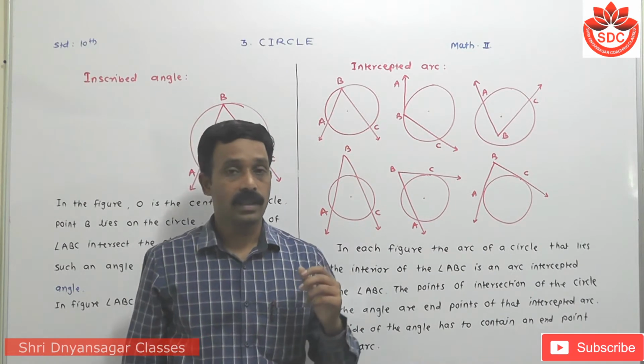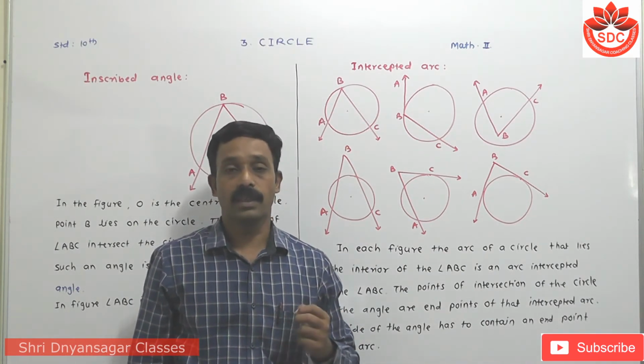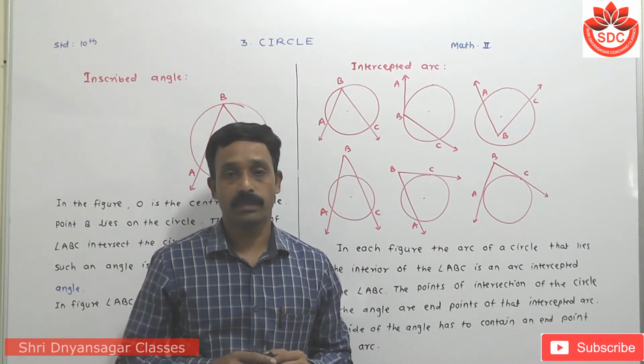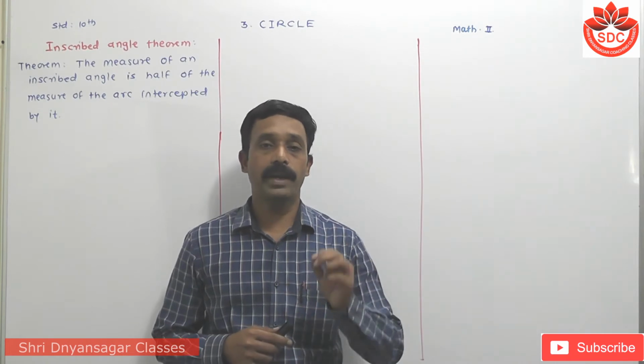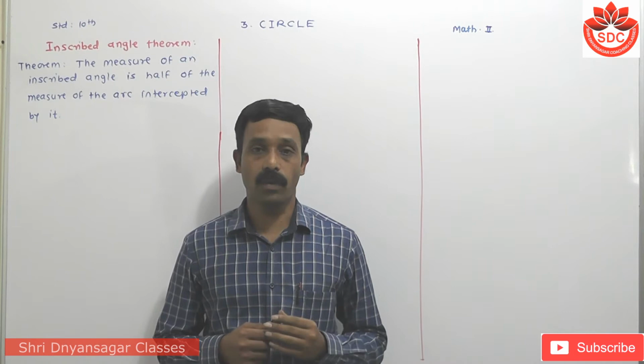Can you understand this? Then we discuss a very important theorem. The name of that theorem is the inscribed angle theorem. Okay, now we see the theorem. This theorem can be asked in your examination for 4 marks.